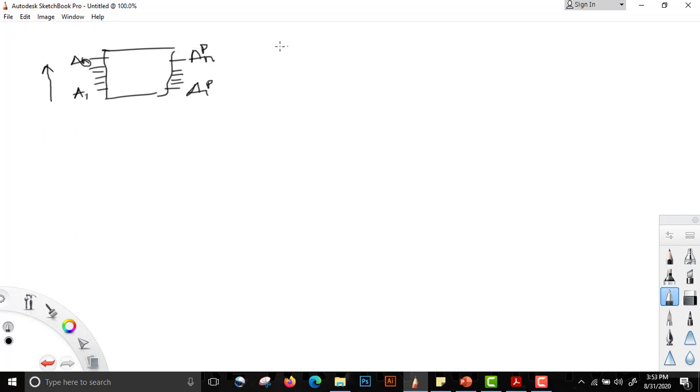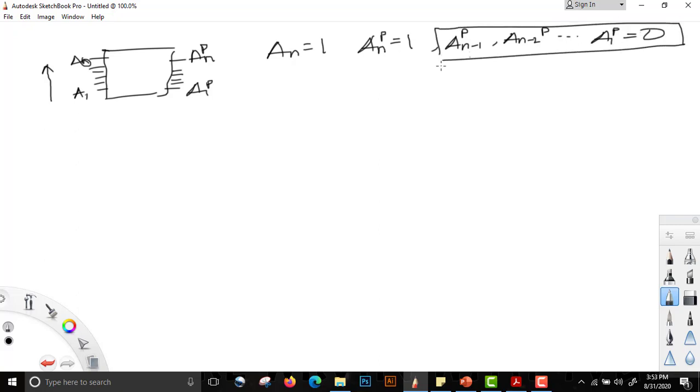And if AN is equal to 1, ANP will be equal to 1. And all the other outputs, that is AN minus 1P, AN minus 2P dot dot dot A1P, will all be 0, irrespective of what the inputs AN minus 1, AN minus 2, AN minus 3 dot dot dot A1 are.